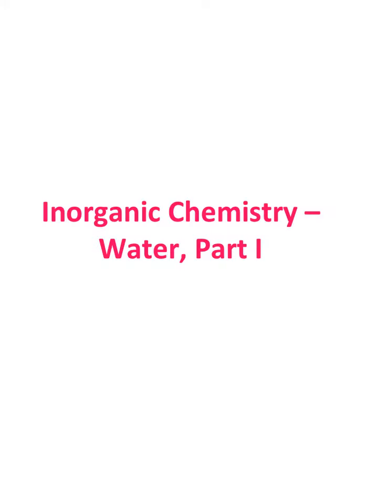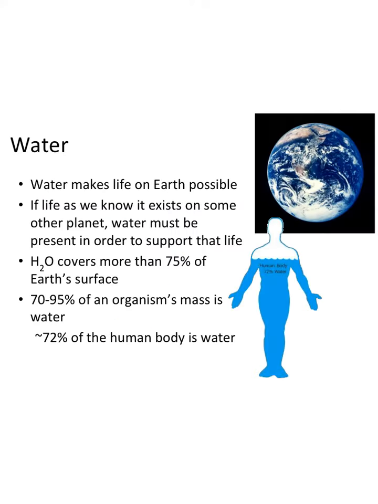Okay, so now that we know a little bit about some basic chemistry vocabulary, let's jump into the part of chemistry that we're really actually interested in biology, and that's the discussion of a really important molecule that we know as water. So water is really important for living things. In fact, without water, life on Earth would not be possible.